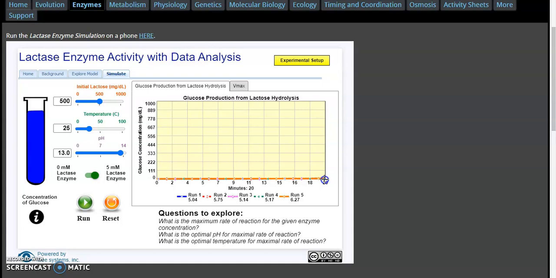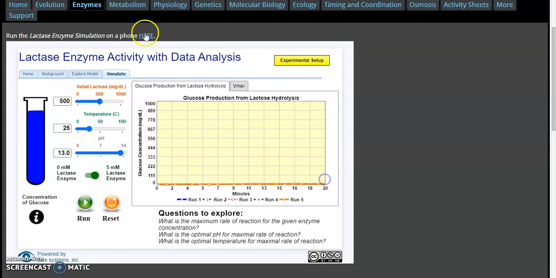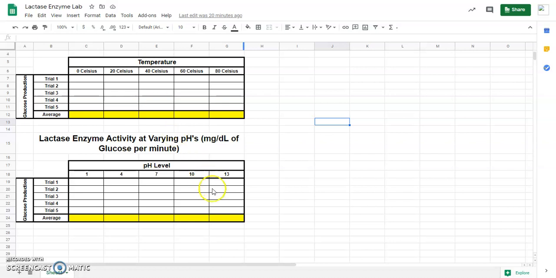So trial 1 was 5.04, trial 2, 5.75, trial 3, 5.14, trial 4, 5.17, trial 5, 6.27. So that's how much glucose was made after 20 minutes. Not very much. So we're going to put that here. 1, 2, 3, 4, 5. Find the average.